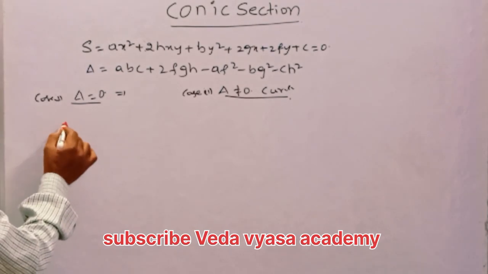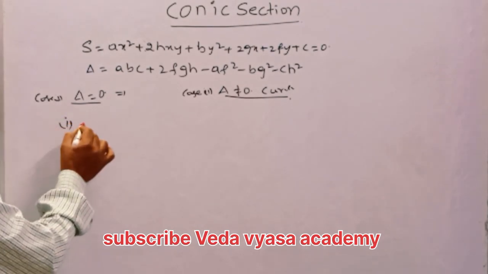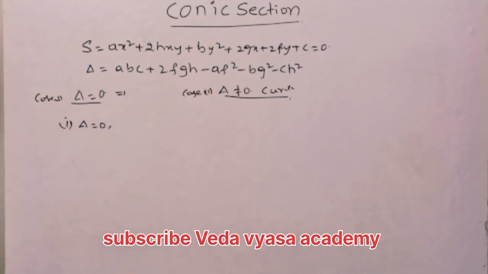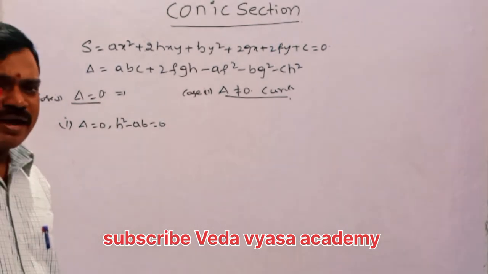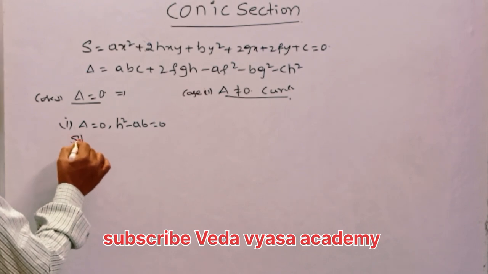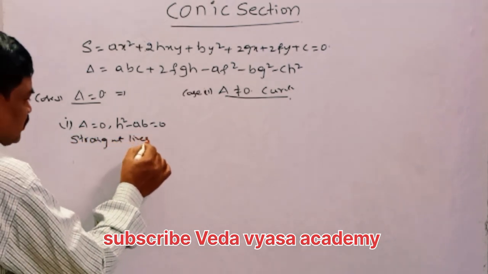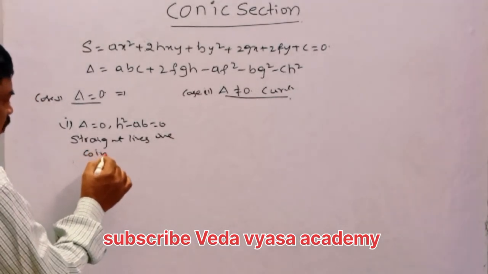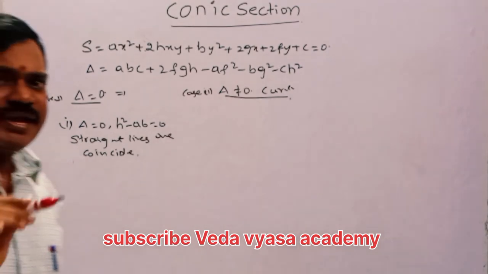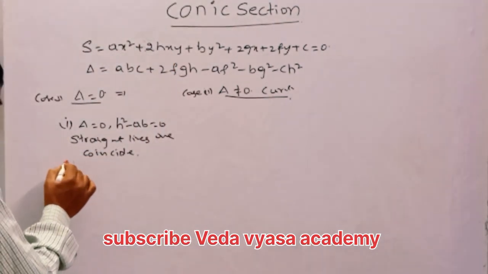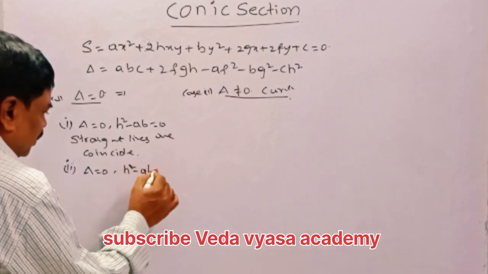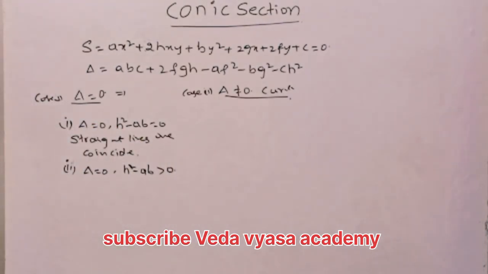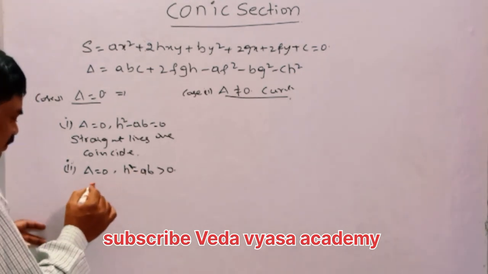In case 1, if delta is equal to 0 and h square minus ab is equal to 0, it represents straight lines that coincide, a single line. Second, delta is equal to 0 and h square minus ab greater than 0, it represents a point.